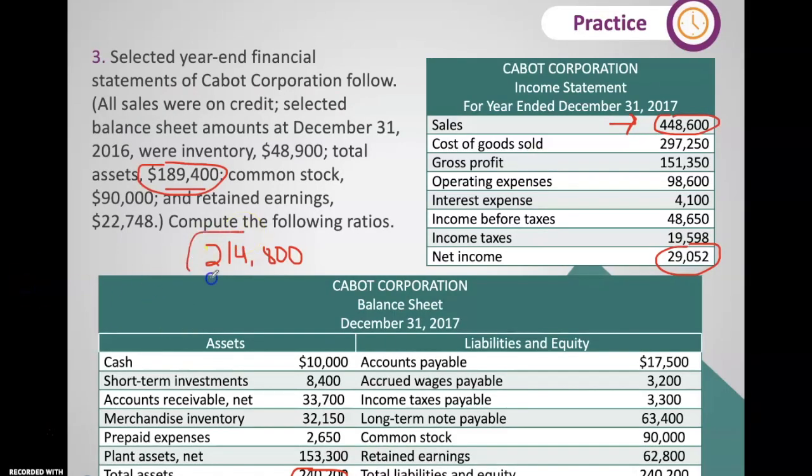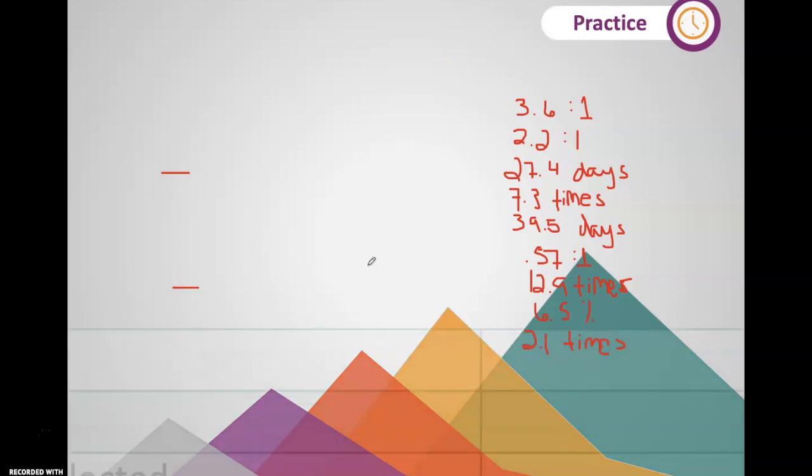So it's going to be 29,052 divided by the 214,800. And once again, we're going to put this into a percent, so you can multiply by 100 if you want. We got 13.5%.